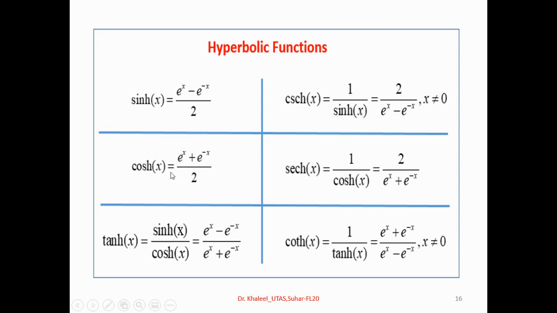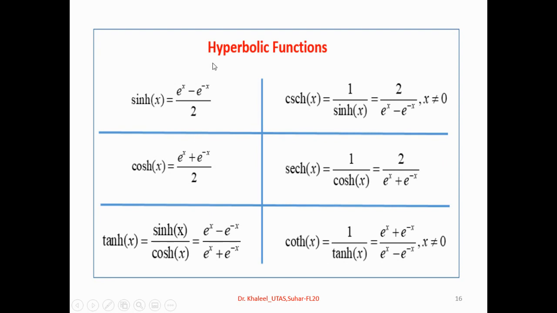Cos hyperbolic x, we just change this minus to plus, and then sec hyperbolic is 1 upon cos hyperbolic, therefore we take the inverse of this. Tan hyperbolic is sine hyperbolic divided by cos hyperbolic. So this and this we divide, 2 cancels. And cotangent hyperbolic is 1 upon tan, so we take the reciprocal of this.